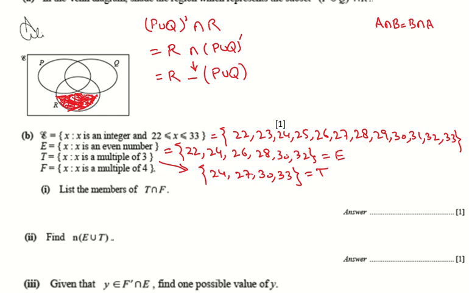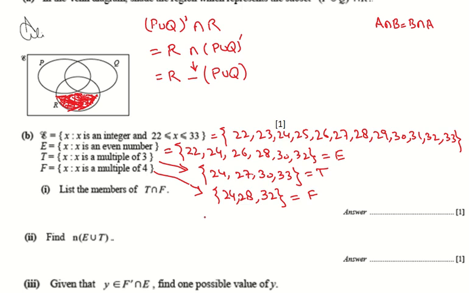Now F, a multiple of 4. We select the numbers from epsilon which are divisible by 4. So 24 is divisible by 4, 28 is divisible by 4, and 32 is divisible by 4. So this is the set F.